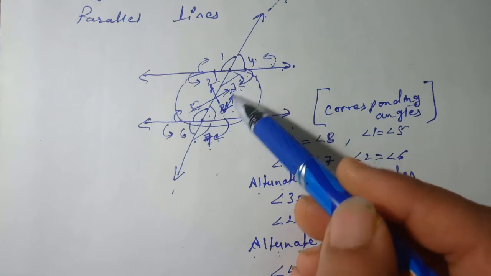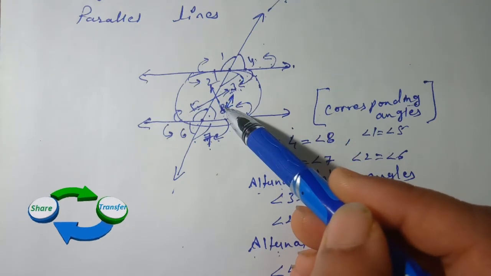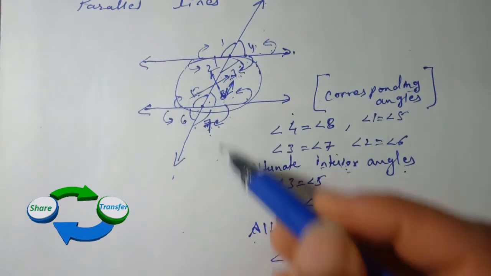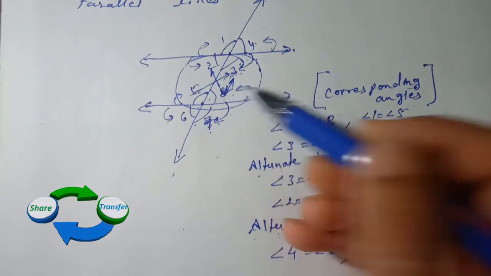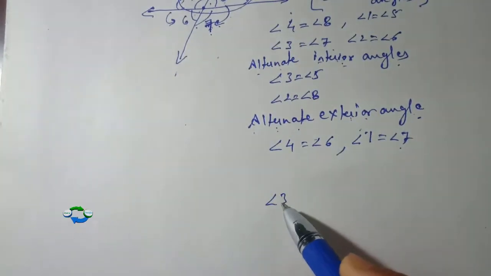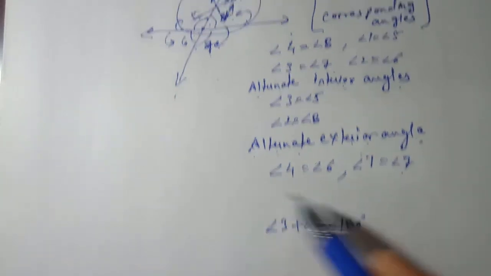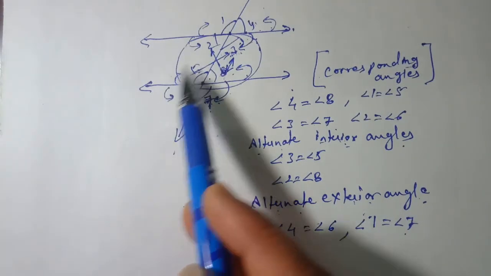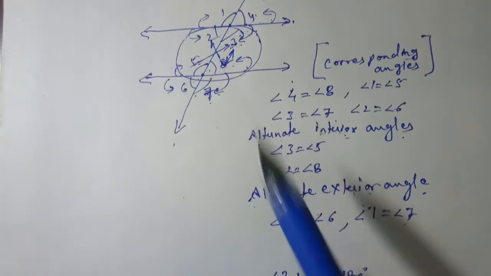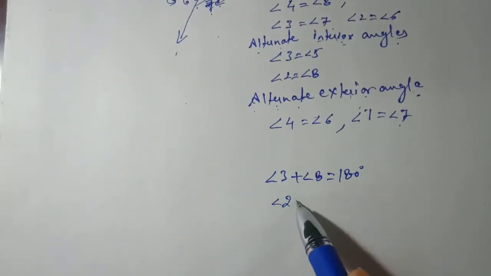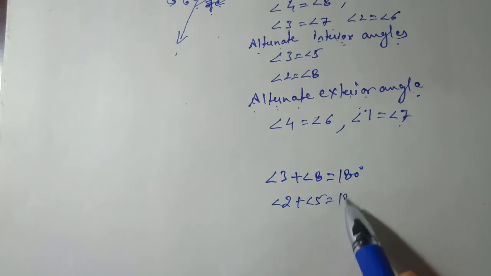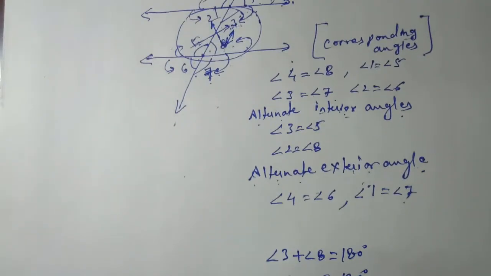The relation between them is that their sum is equal to 180 degrees. So angle 3 plus angle 8 is equal to 180 degrees. On the left hand side we have angle 2 plus angle 5, and angle 2 plus angle 5 is equal to 180 degrees.